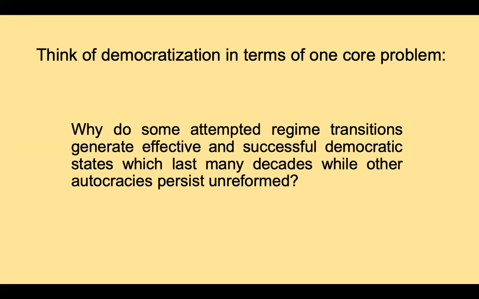This is the core problem in democratic transition research. This is what we want to understand. And so as we narrow our focus to a set of problems and a set of theories that is manageable, this is going to be our main emphasis. And you know already that there's a lot of variation in the world when it comes to these processes. And so this is what we focus on from here on out.